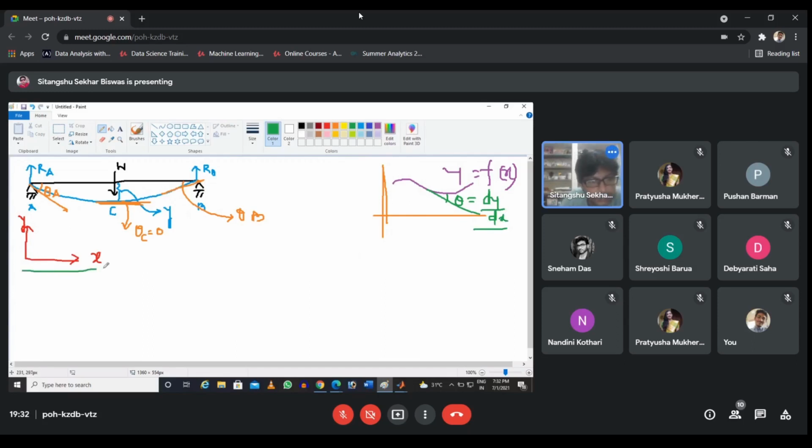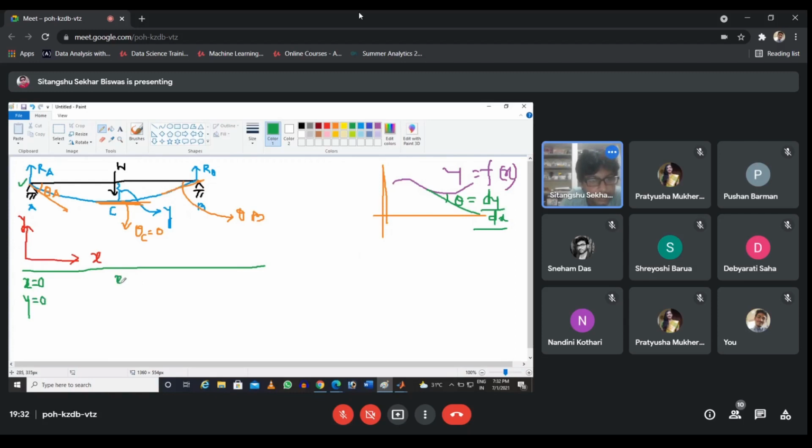Now let us specify the boundary conditions for this problem. Here x is equal to 0, because my coordinate starts from here, and at that point my deflection y is also equal to 0.